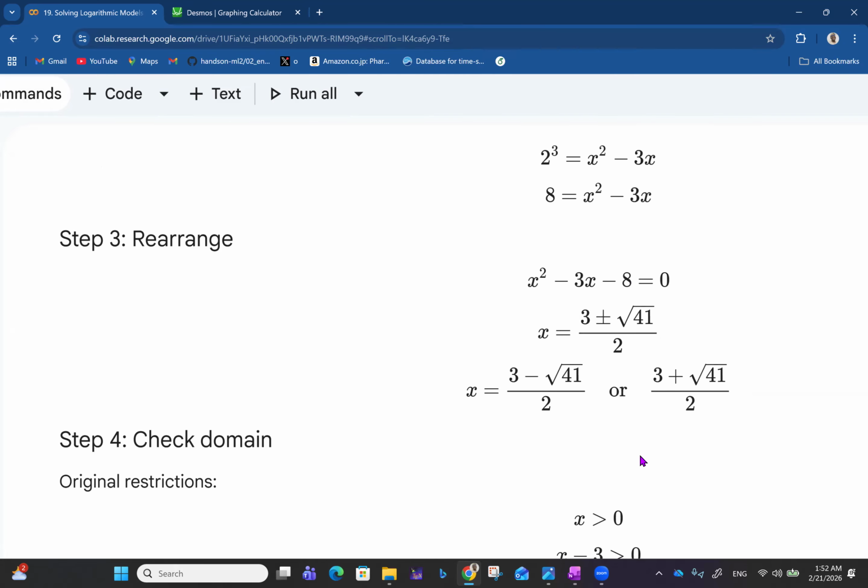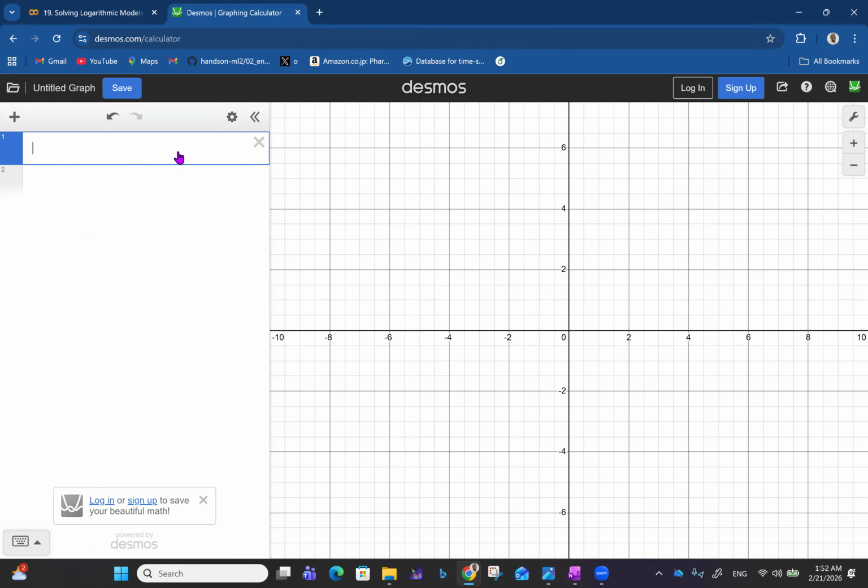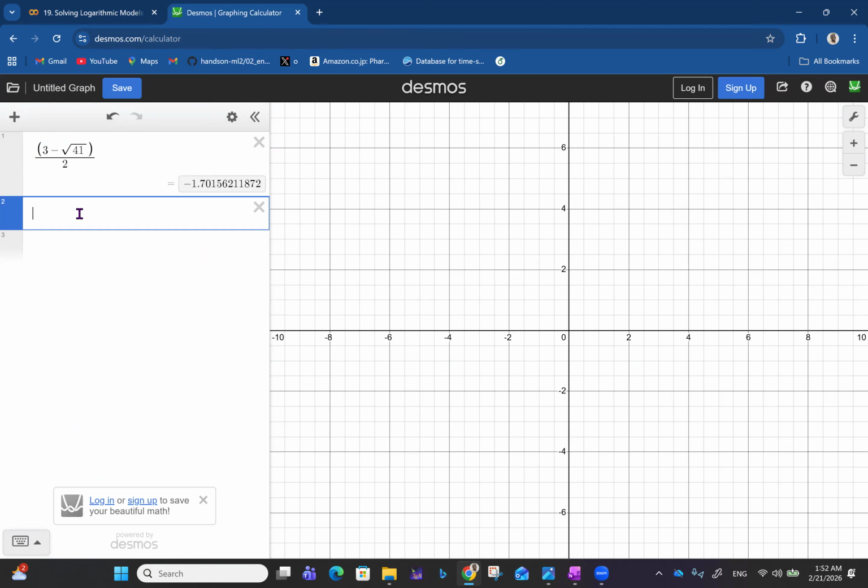So let me even get the approximate results. 3 minus the square root of 41, divided by 2, that's minus 1.7015. For this one, we have plus, so we have 4.7015.